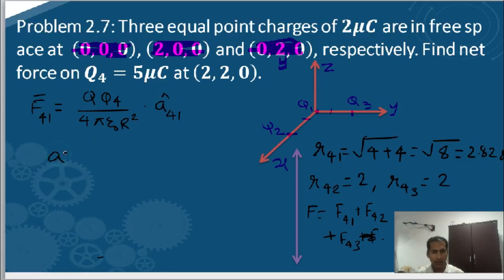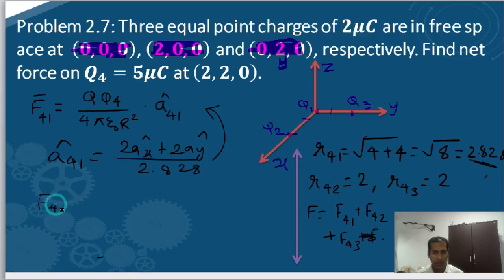So a41 cap is nothing but 2ax cap plus 2ay cap divided by the magnitude. The magnitude is 2.828. So if we keep this value here, we know the charges, so we can calculate the force.